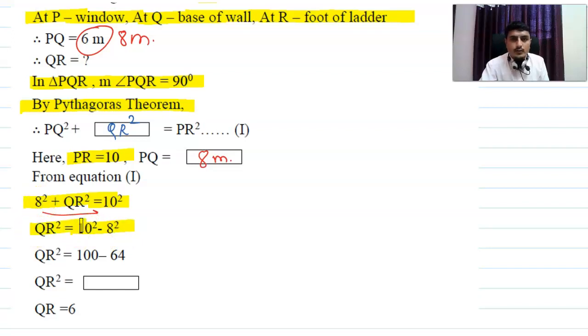We are getting QR square equals 10 square minus 8 square. 10 square is 100, 8 square is 64, so QR square equals 100 minus 64, which is 36. We have to evaluate the value of QR. Once we take the square root from both sides, we have QR, and the square root of 36 is 6.